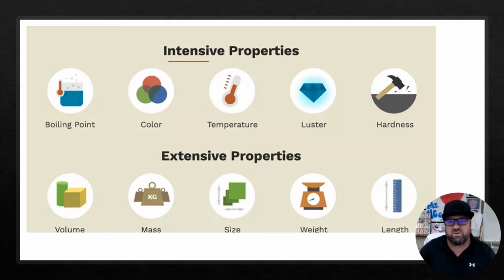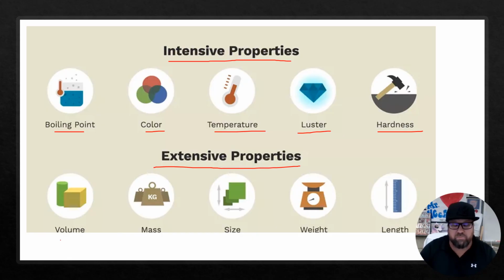These are just some examples of intensive properties: boiling point, color, temperature, luster, and hardness. The amount doesn't matter, it doesn't change how these are measured. Extensive properties, where the amount of matter changes the property: volume, mass, size, weight, and length.